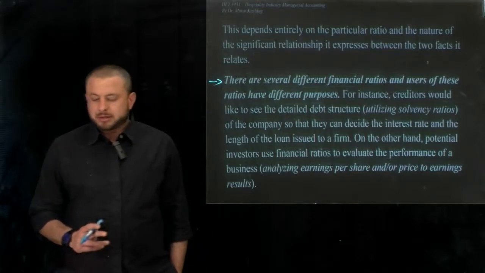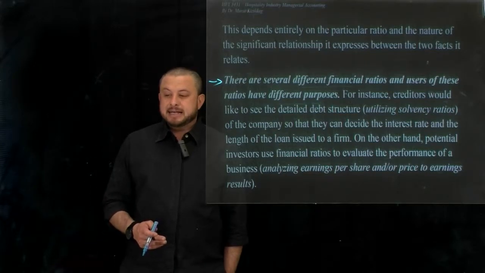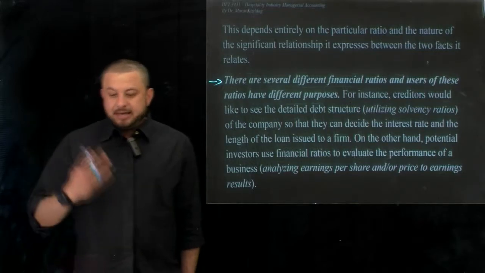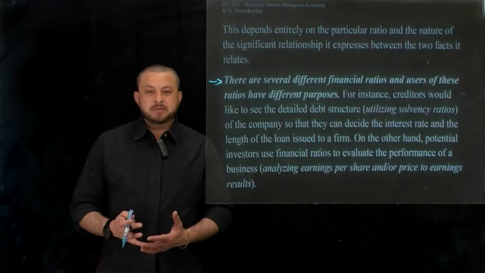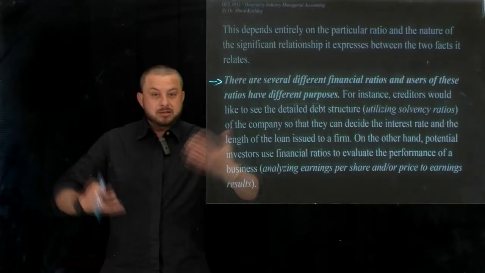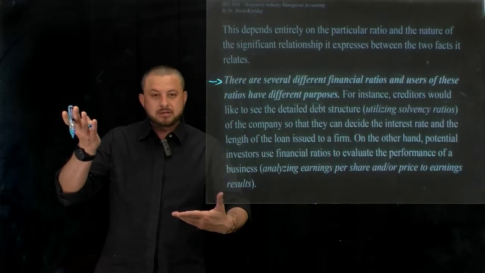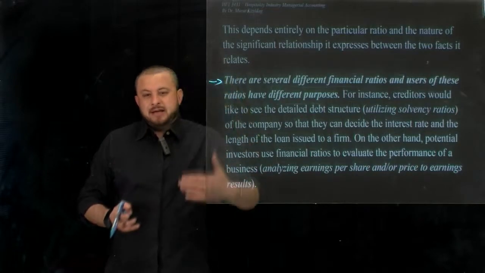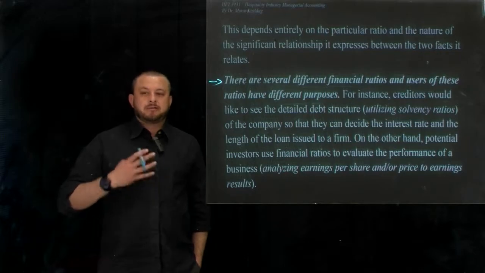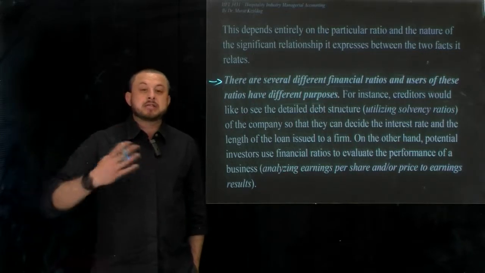For example, the creditors. Creditors take a look at debt ratios and solvency ratios. Why? Because if any hospitality business, for example Marriott, has a lot of debt on its balance sheet, with assets and liabilities over here and the equity section over here, it might be difficult for that company to acquire additional debt due to risk issues.